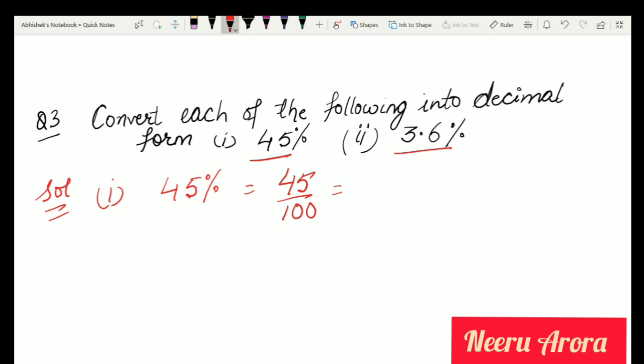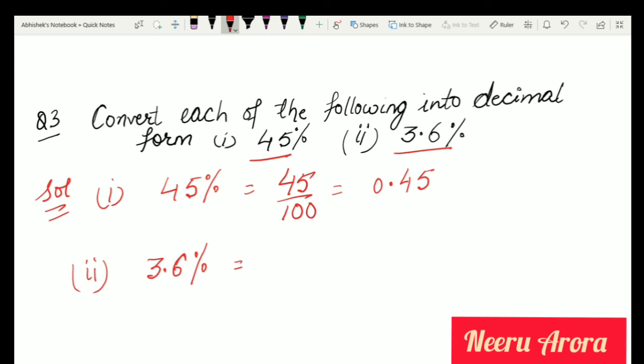So we have done this in the chapter decimal, how to place the decimal. Now express this fraction in decimal form. Place the decimal after leaving 2 digits from the right side. So this is 0.45.